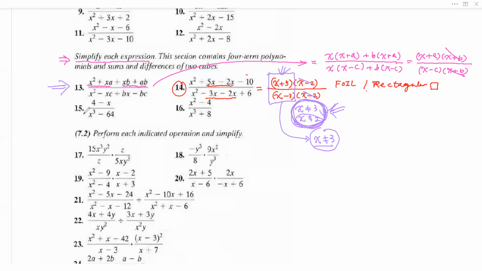All right, let's go to number 15. Number 15 here, actually, we go to a higher case, right? Here is the cubic. So you know how to factor the cubic, right? So here 64 is 4 cubed. So it means this one changes to x cubed minus 4 cubed, right? So you can factor this part. We learned this before, right? How to factor this one? This one equals a minus b times a squared plus ab plus b squared, right?